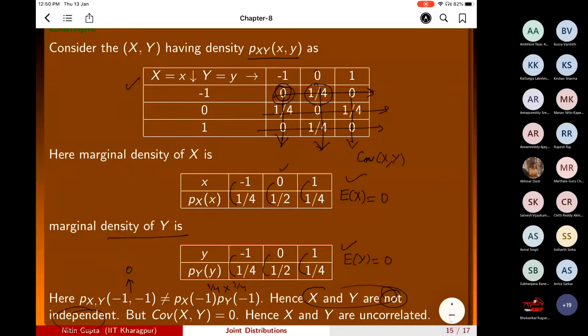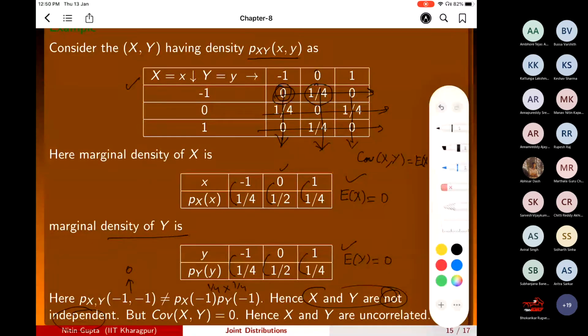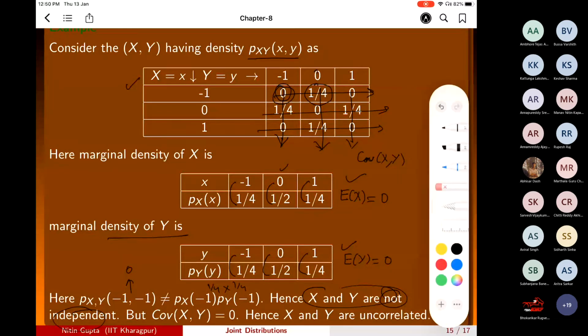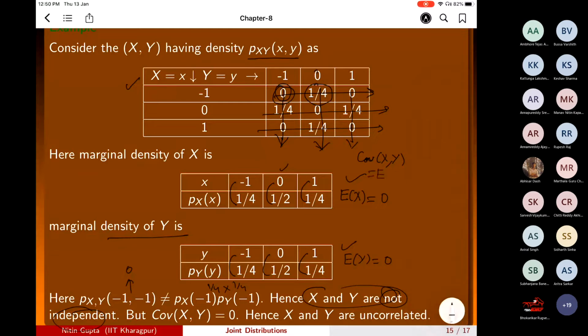But we know that covariance is the expected value of xy minus mean of x into mean of y. So this is expected value of xy minus expected value of x times expected value of y. The expected value of xy is the double summation of xy pxy.